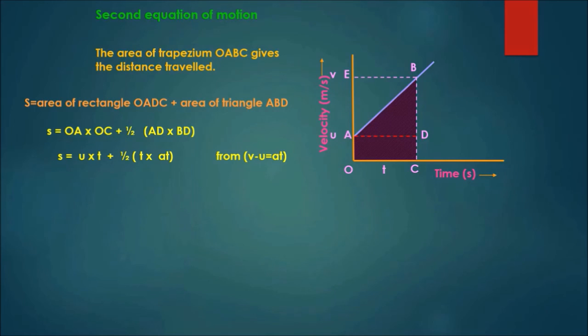So BD can be rewritten as at from v minus u. Now your equation stands as S is equal to ut plus half at square. This is the second equation of motion.